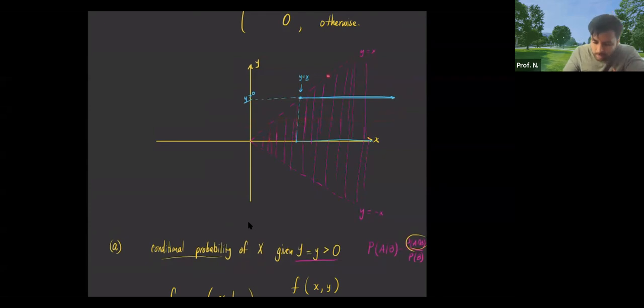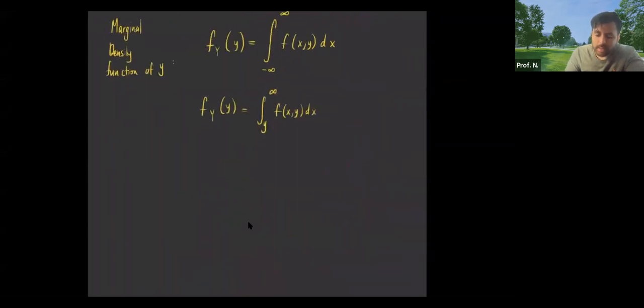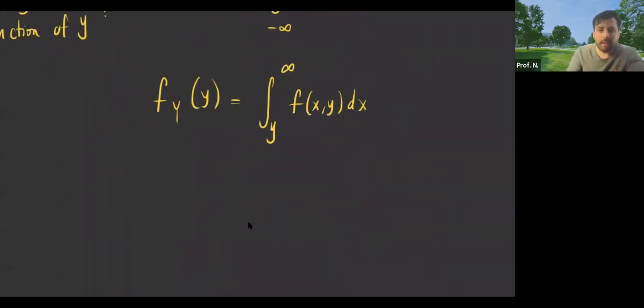The moment you select the y value, the only x values associated with that y value are the ones along the horizontal line, because x values on the other side are not within the region. If you understand that, then you understand why the integral is as so.